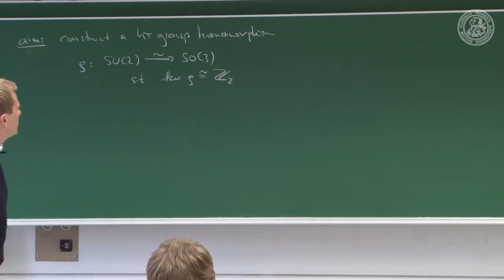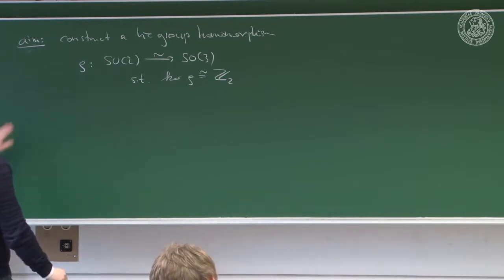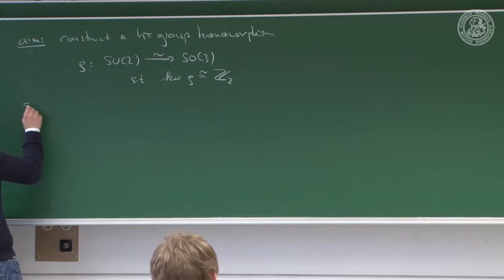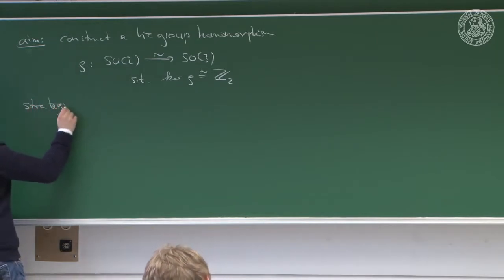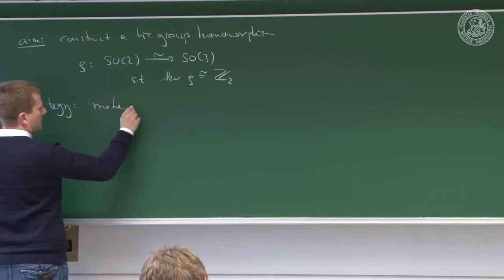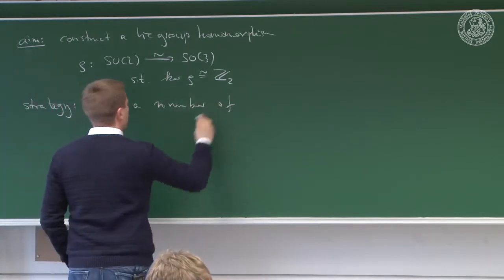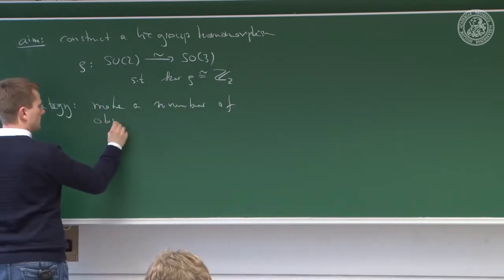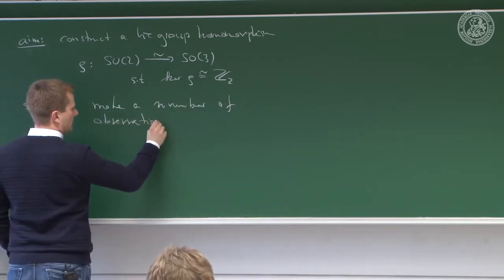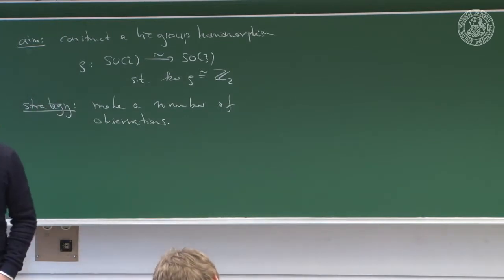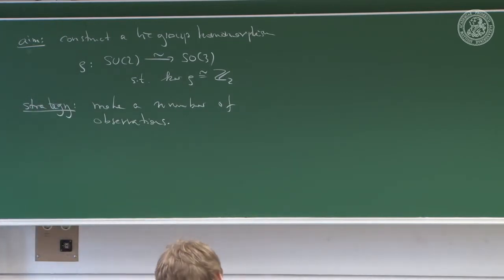And in order to do this, we need to make a few observations. Strategy: make a number of observations. Okay, so let me try to discover this with you rather than just provide the constructions.